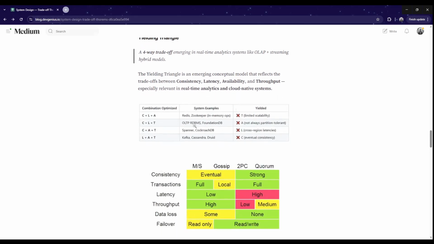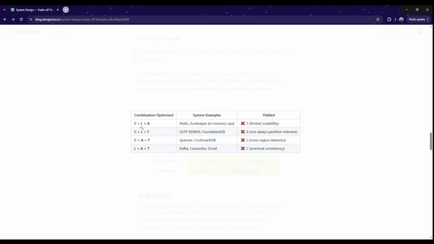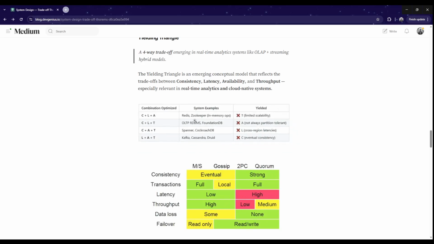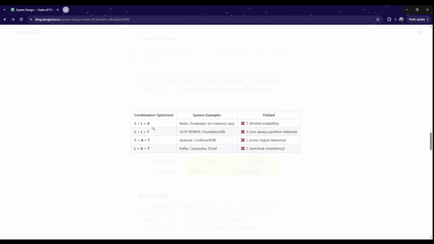So here we have this table which says consistency, latency, and availability. And if we choose this, we want a system to be highly consistent with a low latency and highly available. So we choose Redis or Zookeeper. What we are giving up is the throughput.